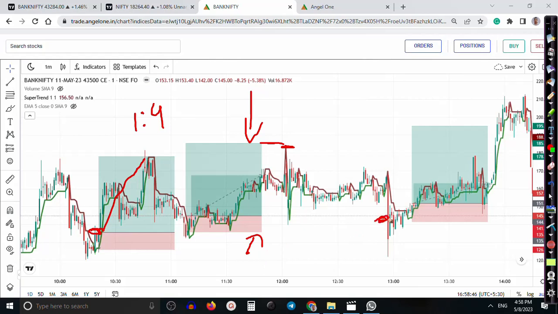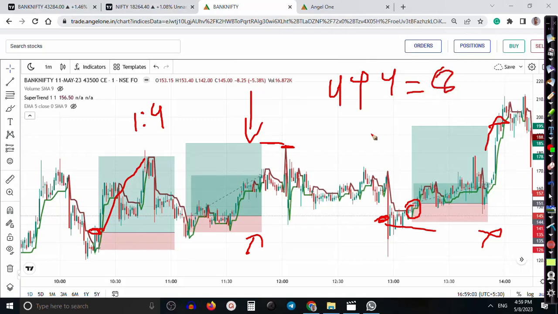Later here you can see it hit my SL, and the next trade I placed somewhere here hit my target. That means I collected 8 rupees, 4 plus 4, and my SL is 1 rupee. So 7 rupees is net profit.